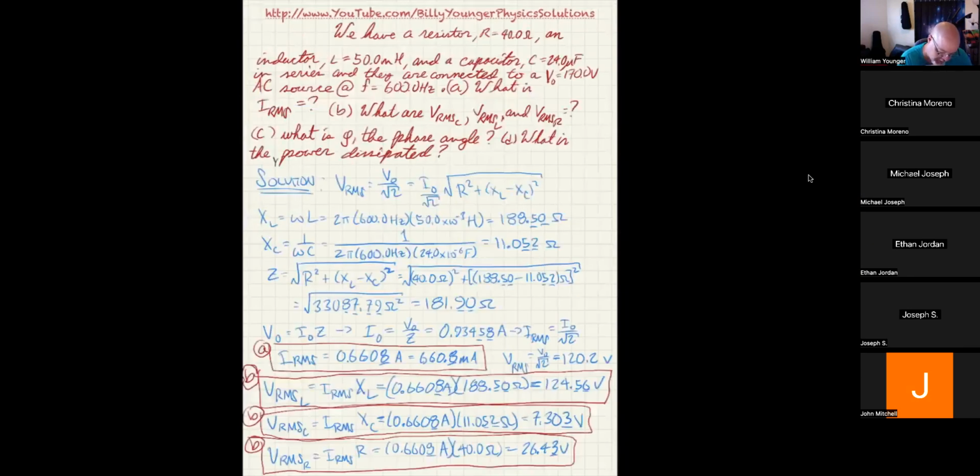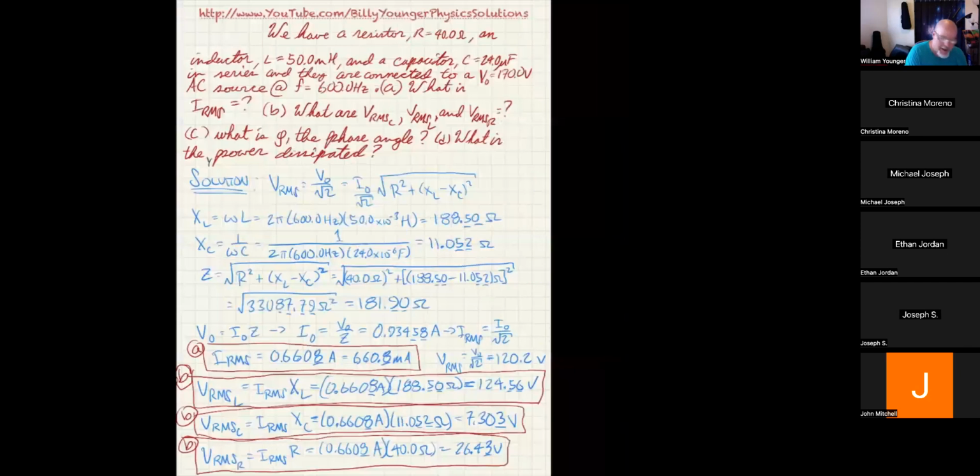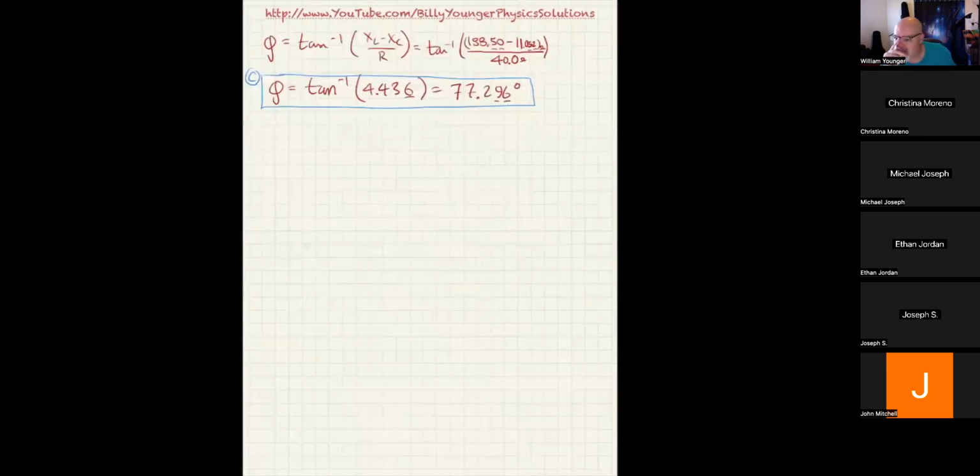But the important thing is once you have that phase angle, then you can make use of other stuff. You can, for instance, realize that the power formula has to take into account that the peak of the voltage and the peak of the current are not occurring at the same time. So what would normally be P equals I times V, in this situation, you can't say that because you need the component of I, or component of V, that's parallel to the other.